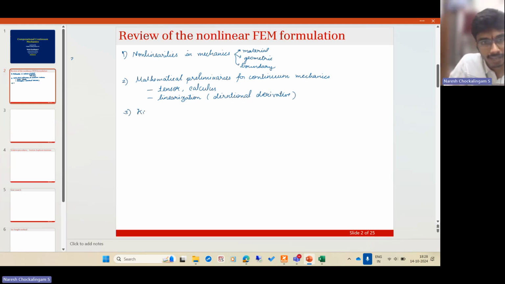Then in order, we had the kinematics, where we defined the deformation gradient and various strain measures that depend on the deformation gradient. Then we looked at the Lagrangian versus Eulerian description. Following kinematics, we had the balance laws.